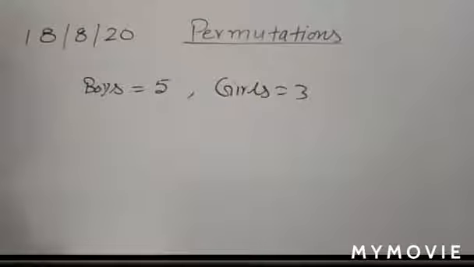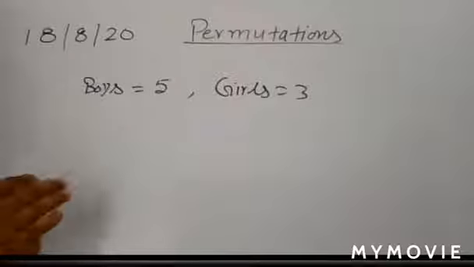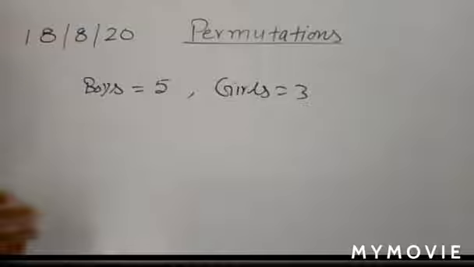If such a condition is given, first of all you arrange the boys. First you assign the places of boys. Then in between the boys you have the places of girls. In this situation, the girls are not together.